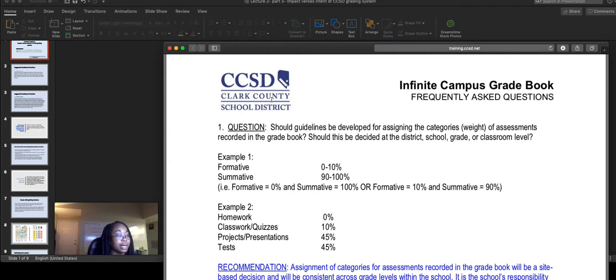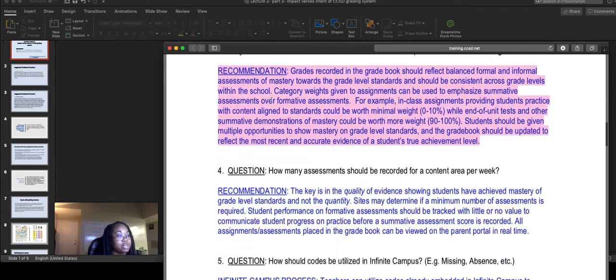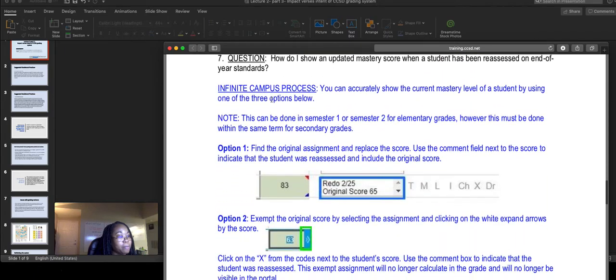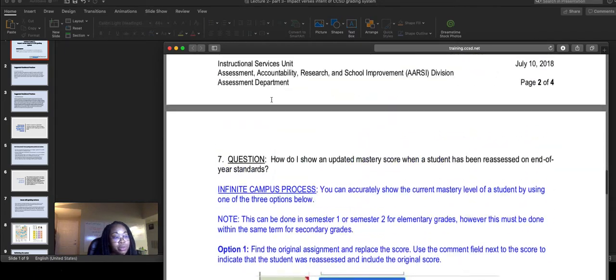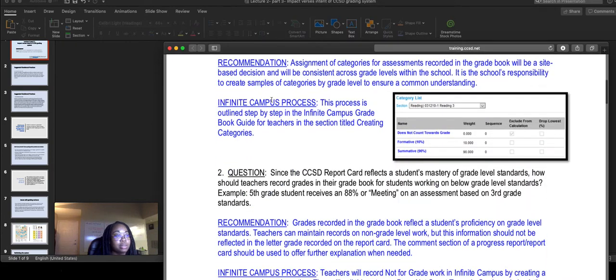So as I started to read it and click around on things, I said, oh, this is interesting. It's kind of embedded within the manual of how to.